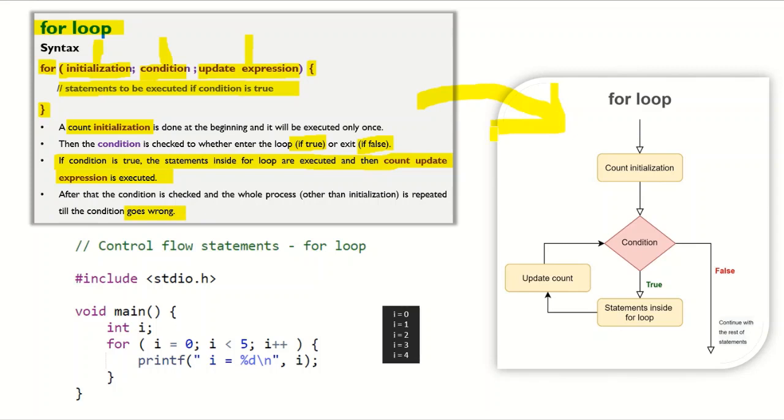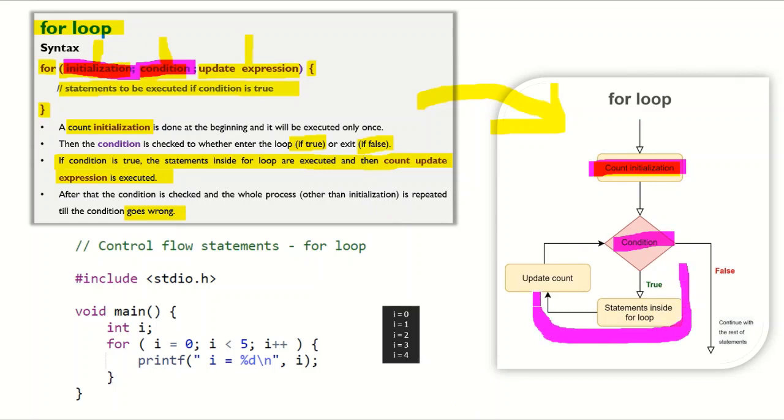You can check the for loop flowchart. Count initialization is done at the beginning, and that is done only once. Then the condition is checked. If the condition is true, the statements inside the for loop are executed, then it will update the count.